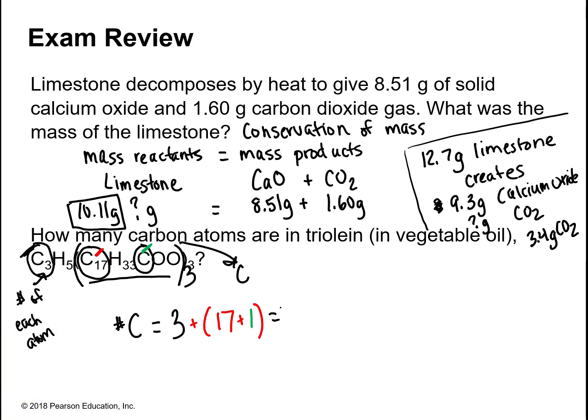So this shows you where each carbon is. And you have to multiply what's in the parentheses by 3 because there's a 3 here. So it's 3 plus 18 times 3, and that should give you 57 carbon atoms. So for those of you who said help, does this make sense now?